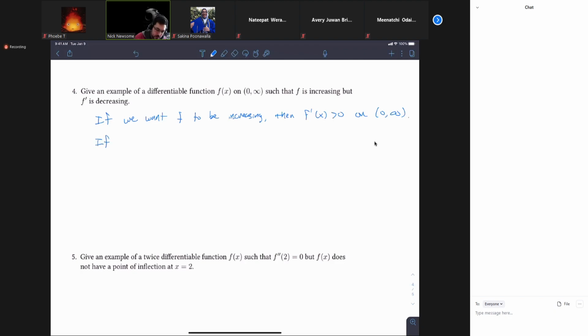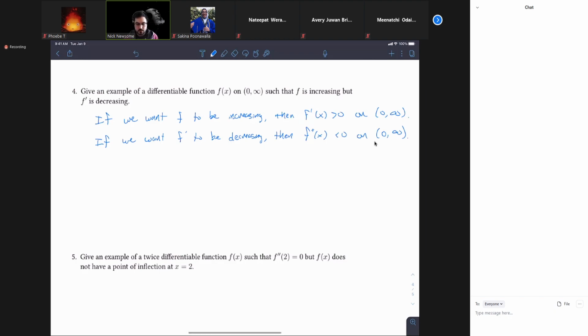And then if we want f prime to be decreasing, then f double prime, the second derivative, needs to be negative on the interval 0 to infinity.